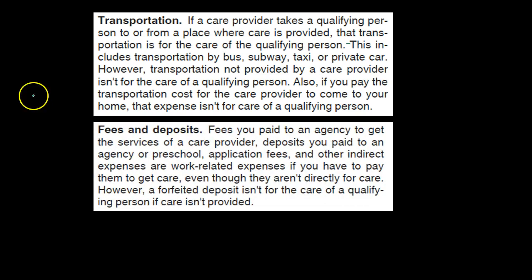However, transportation not provided by a care provider isn't for the care of a qualifying person. Also, if you pay the transportation costs for the care provider to come to your home, that expense isn't for care of a qualifying person. So if you break out the cost of their travel time, then maybe that wouldn't be included. And again, that gets a little bit technical on how you come up with the fee of how much you're paying them. But anyway, back to the text.